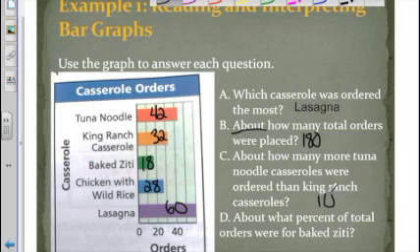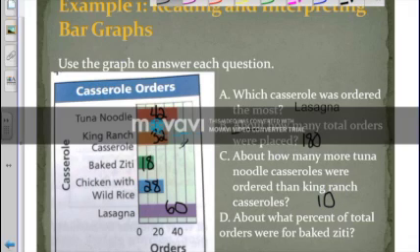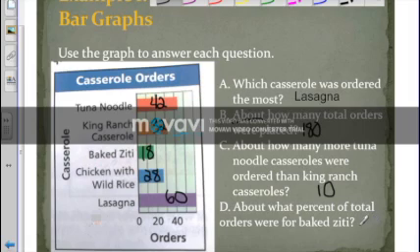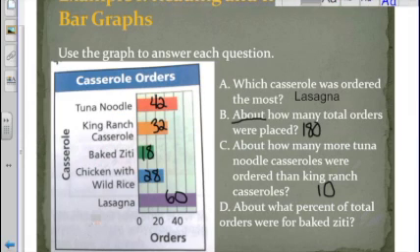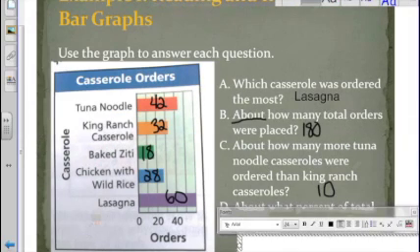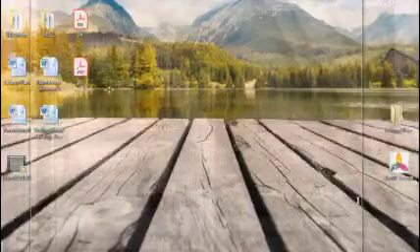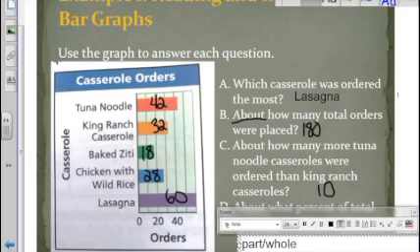Again, this is an estimation because the numbers we have here may not be exact. Last question, about what percent of total orders were for baked ziti? We know to find percent, it's part over whole. So we're going to take the part, and we're going to divide it by the whole.